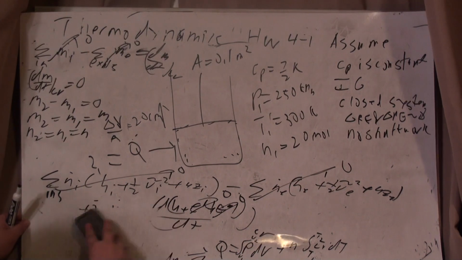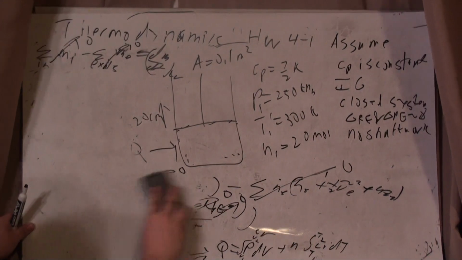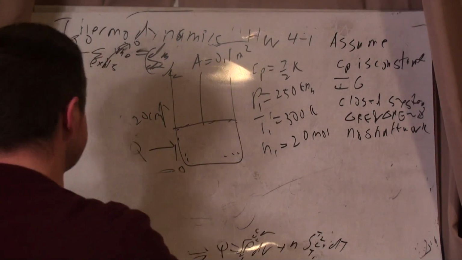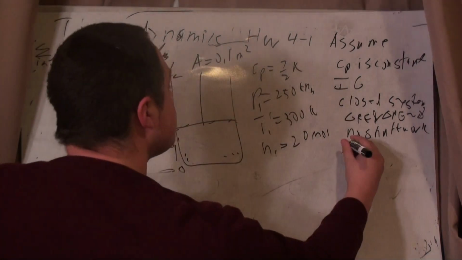Alright, so I'm going to erase most of this. We've got this work term, P dV. There are different cases that we can apply. We can assume it's isothermal, isobaric, isochoric, or polytropic. In this case, it's a freestanding piston cylinder, so we can assume that it's isobaric.